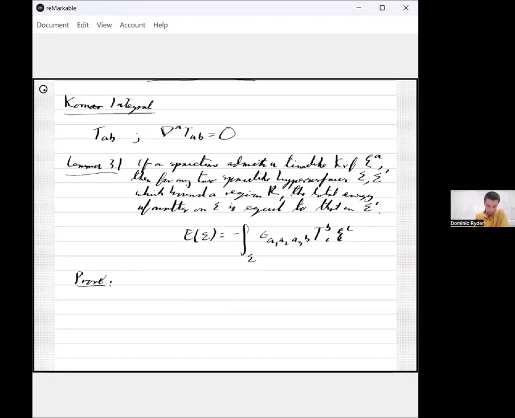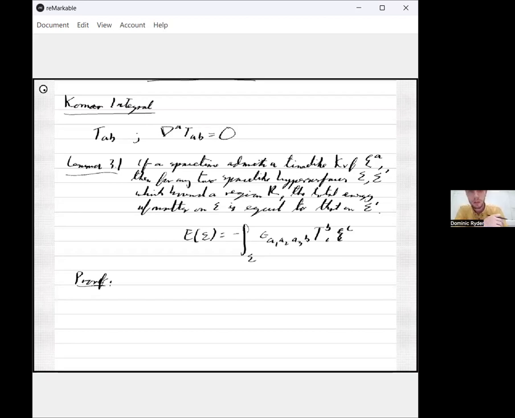Sorry, but does xi require to be time-like everywhere, or should it be time-like at infinity only? This Killing field. Am I requiring the Killing field to be time-like everywhere, or time-like just at infinity?